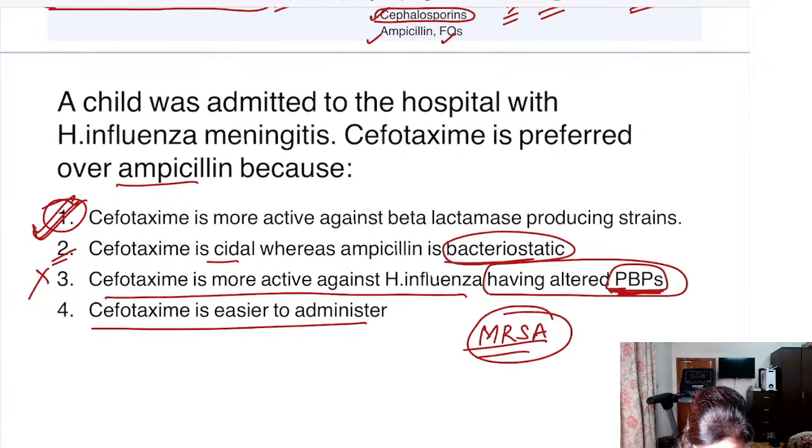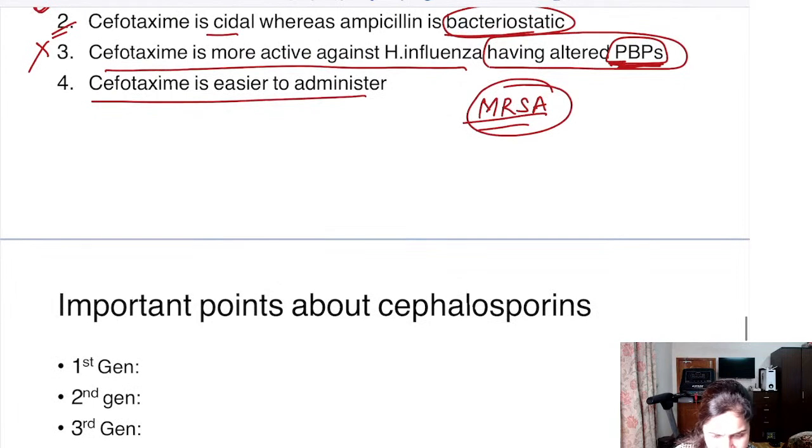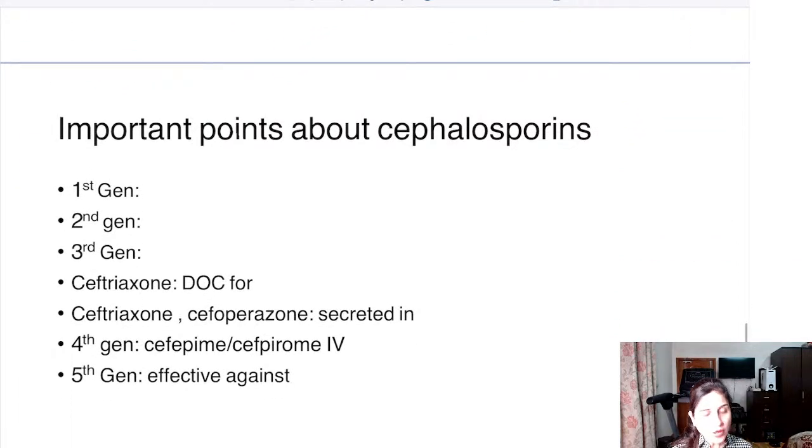Okay, so a little preview, or just we'll quickly glance through what are certain important things about the cephalosporins, important from the examination point of view. We've already done the cephalosporins which show the adverse effects like disulfiram, or which show the adverse effects like bleeding tendencies. That is one point. और important चीज़ में क्या है?